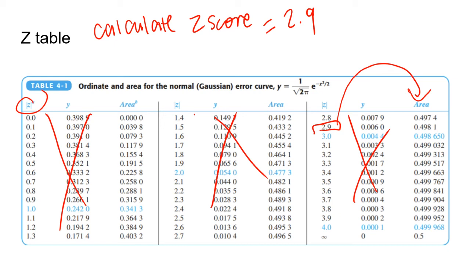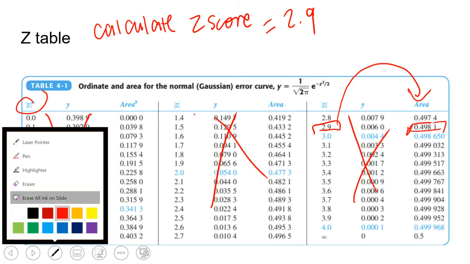The area is the important one, because that tells you the probability that it's going to be within that area. So just know that. That's how you interpret it.